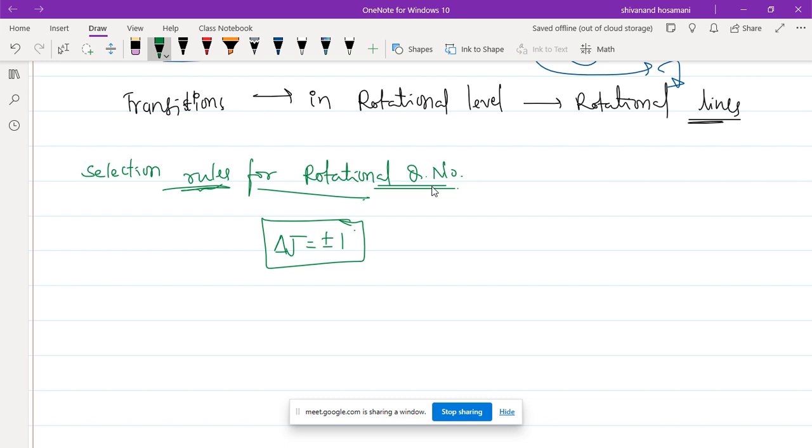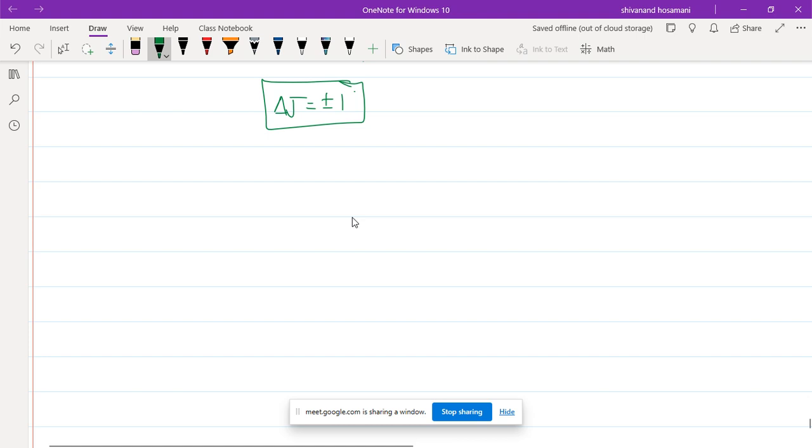Let us consider J equal to 1, 2, 3. When we draw level-wise, the separation between two successive rotational lines is defined in terms of nu bar.